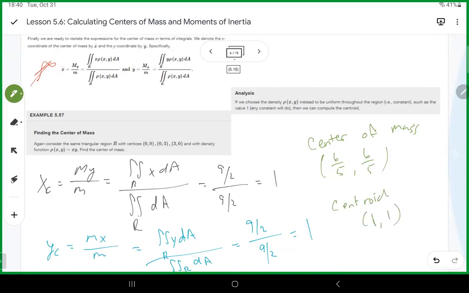This is due to the variable density of R. If the density is constant, not consistent, sorry, this value cancels out from the formula, so with constant density, the center of mass coincides with the centroid of the lamina.